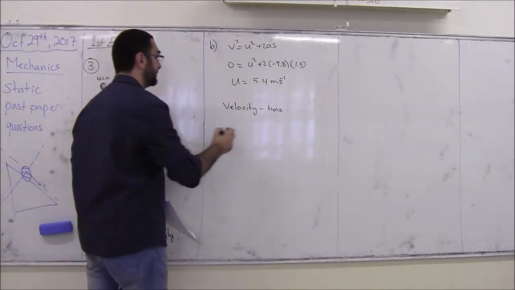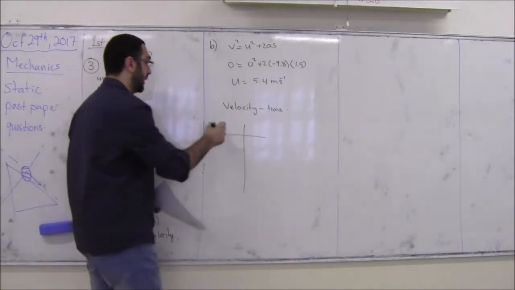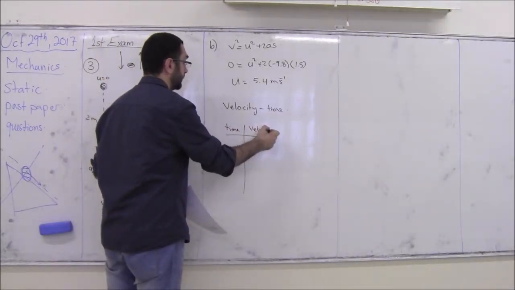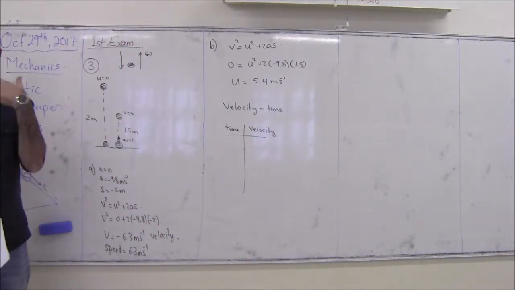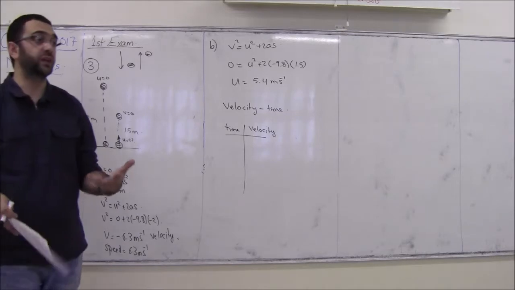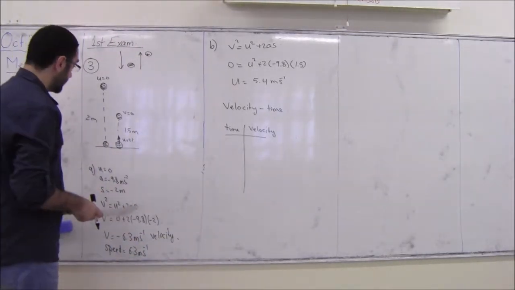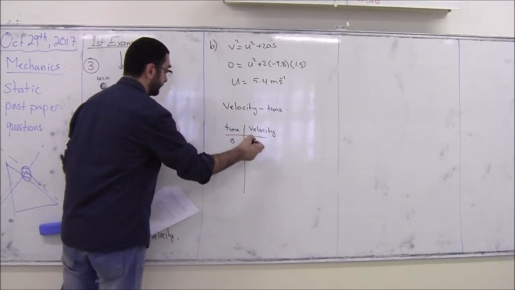To sketch the velocity time graph, I may construct a table of time and velocity. It will simplify how we sketch this graph. Initially, at time 0, the velocity is 0.